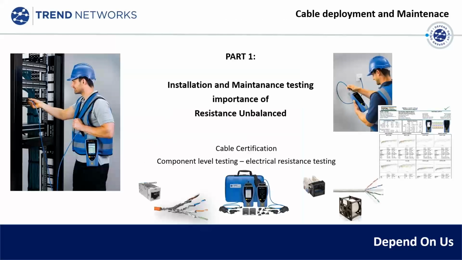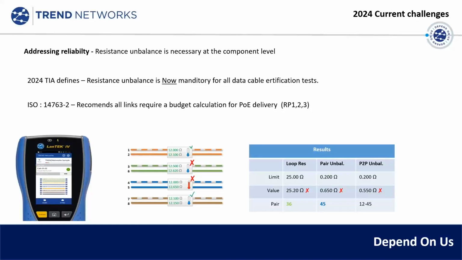So what is this? So cable certification. We need a certifier to do this test across the cable. So there is standards, international standards, and the TIA, the US TIA standard, has now made it mandatory that you must test for PoE. So it's a resistance test across those pairs, across all 4 pairs of that cable. You must do that, okay?